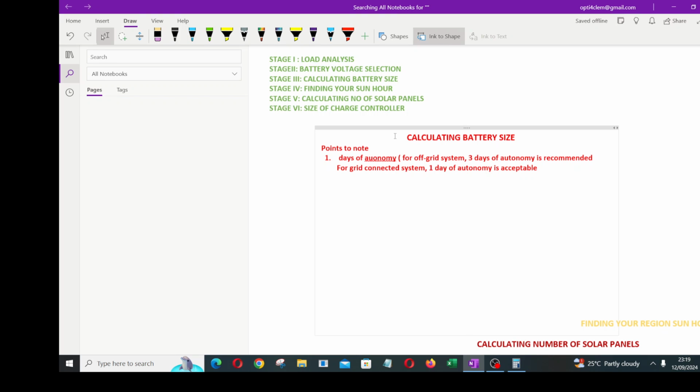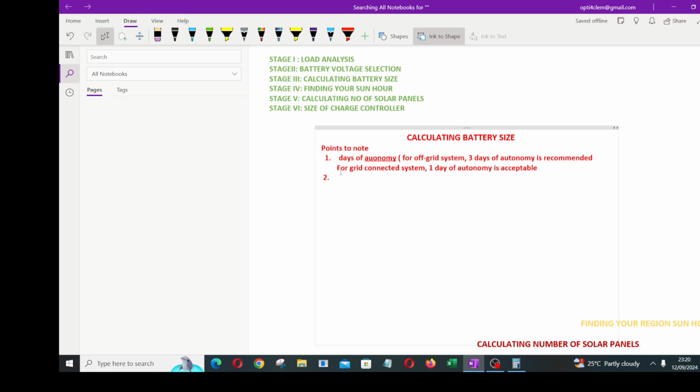It is assumed that at least no matter what, within 24 hours there will be power supply from the power generating company. That is the reason why we choose 1 day of autonomy. But if the system is off-grid, there is no way within 3 days there will be sunshine to replenish the battery usage.